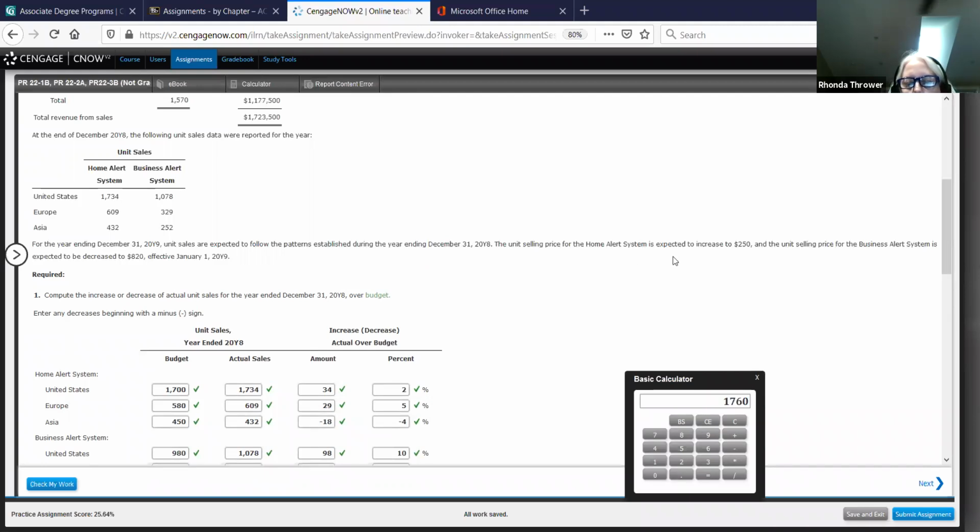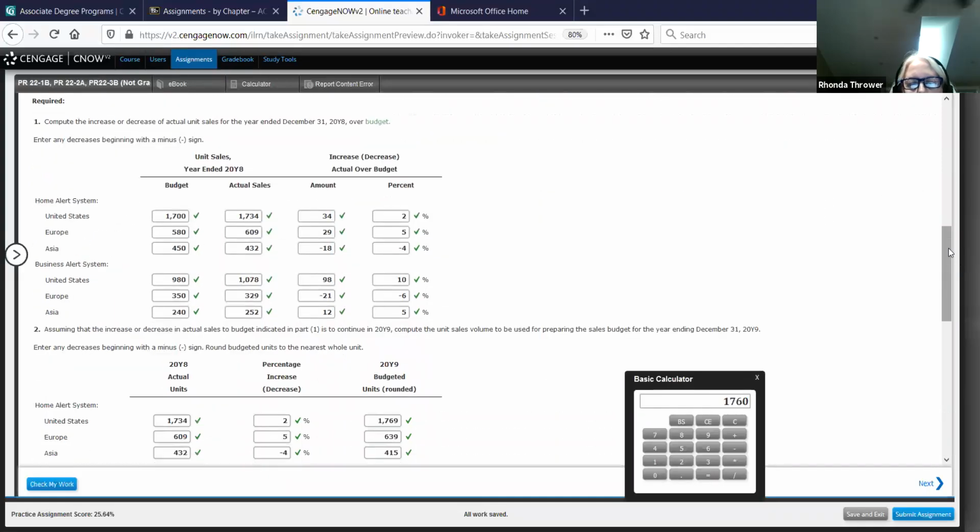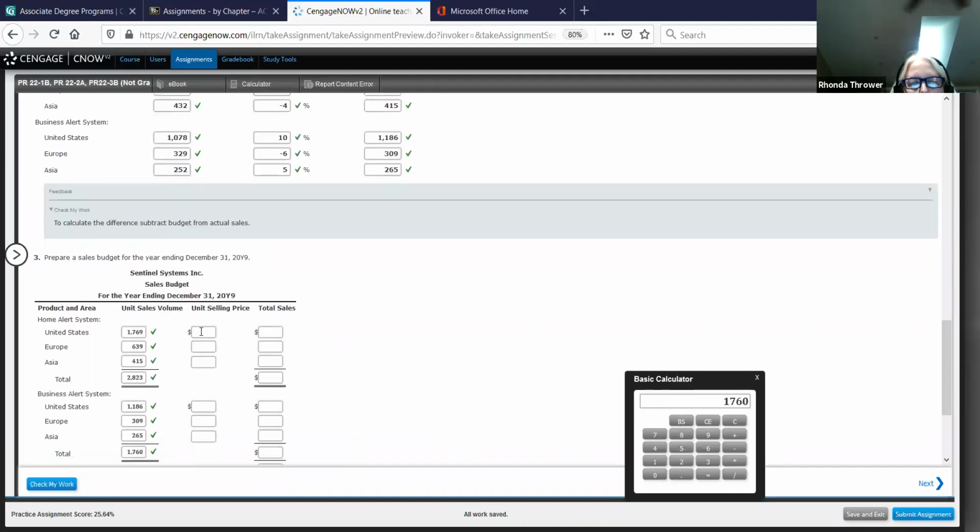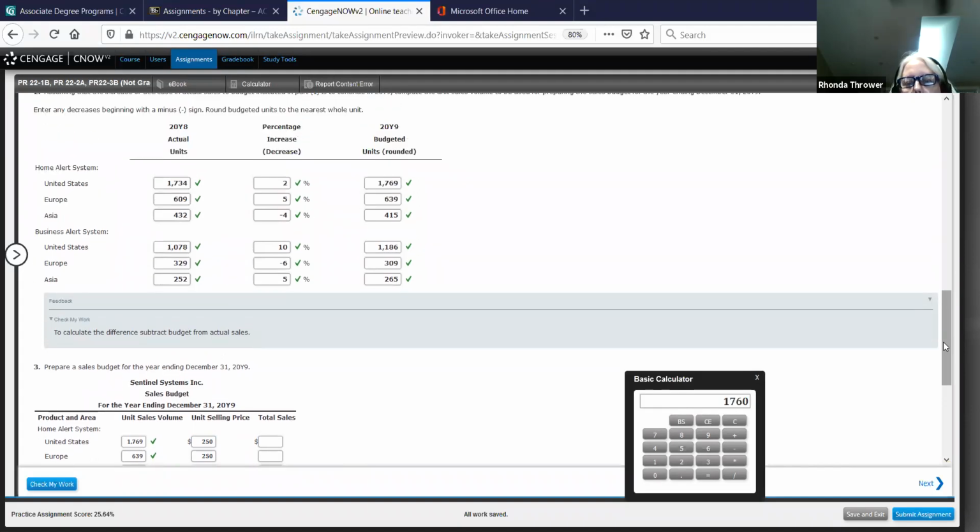The home alert system is expected to increase to $250. So the unit selling price for the home alert systems is $250. And then we want the unit selling price for the business alert systems.